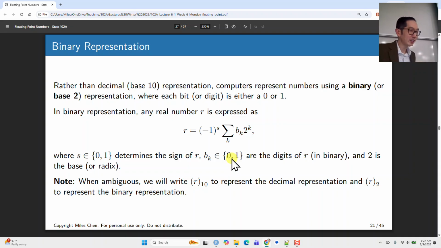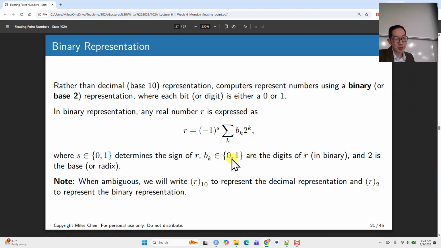What's going on is that we are only able to represent approximations. We're representing things in binary scientific notation, and it's an approximation.